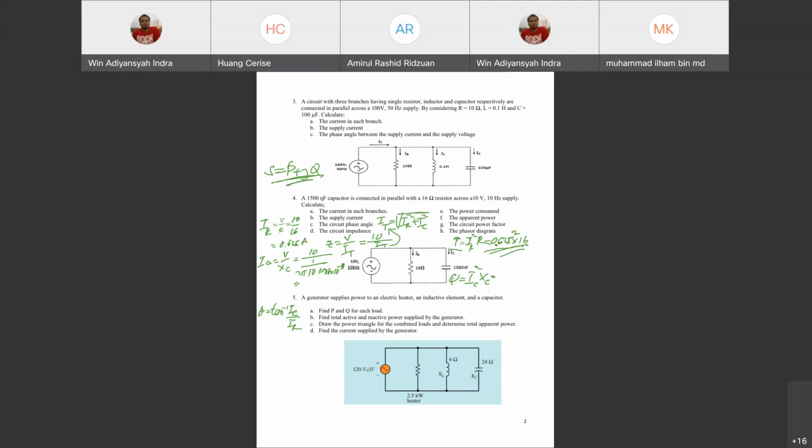Don't forget the unit for Q is volt-ampere reactive, VAR. For P is what?